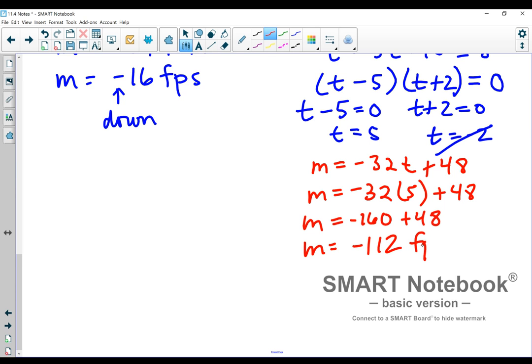And again, that'll be in feet per second because my function is for feet, and then my t was seconds, so I've got feet per second. And the negative is a directional thing again, that I'm going down. So this would be right when that ball finally smashes into the ground. This is how fast it's going. And this is the end of our 11 for notes.